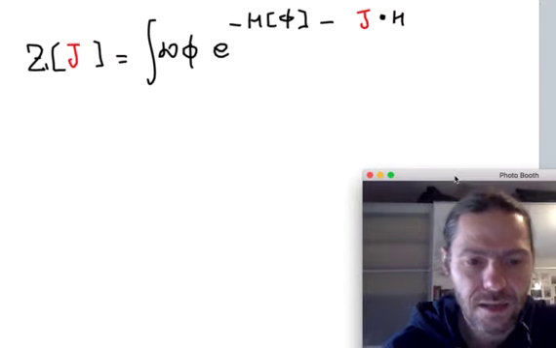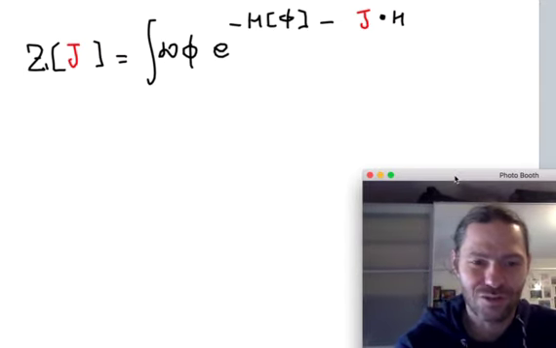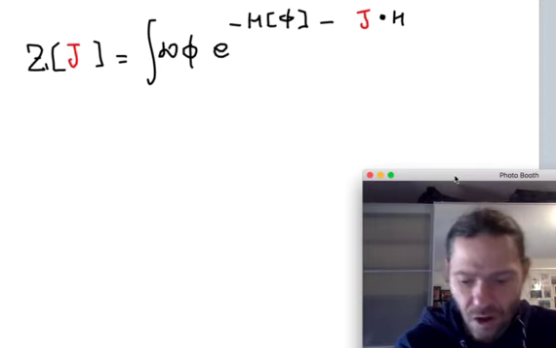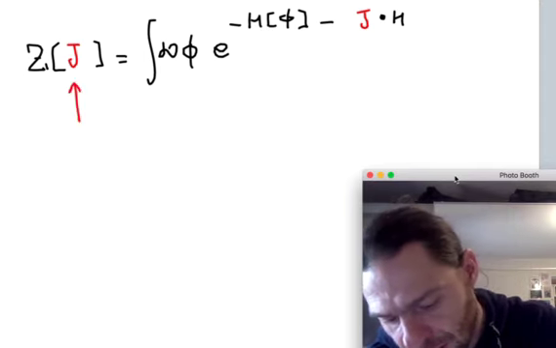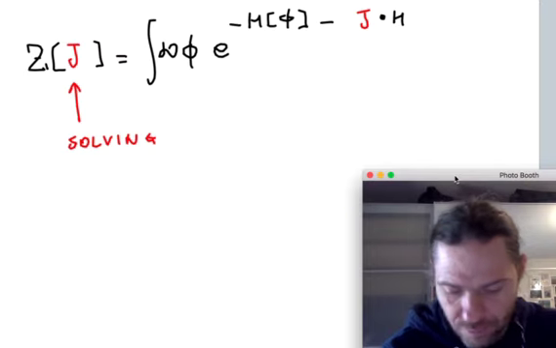And the statement is, once again, if you can compute this, then you have all the correlation functions you want. And if you have all the correlation functions you want, then you have solved the theory. So solving the theory really means computing this.